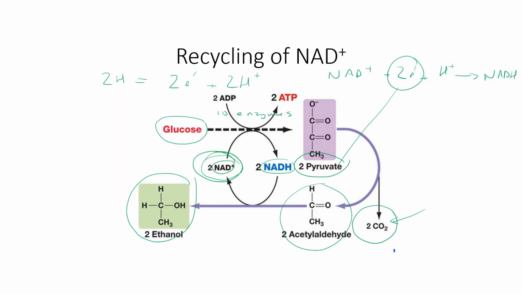You may have heard of this mechanism in humans. Instead of making ethanol, we make lactic acid in a 1-step process. So in humans, lactic acid is produced. And it's for the same reason, to replenish this NAD+ by oxidizing it and having an acceptor molecule of the 2 electrons.